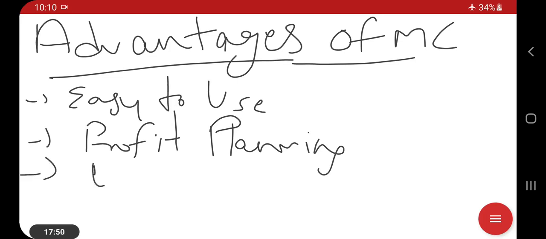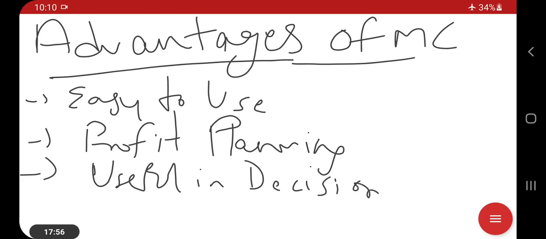Useful in decision making and avoids arbitrary allocation of fixed costs.